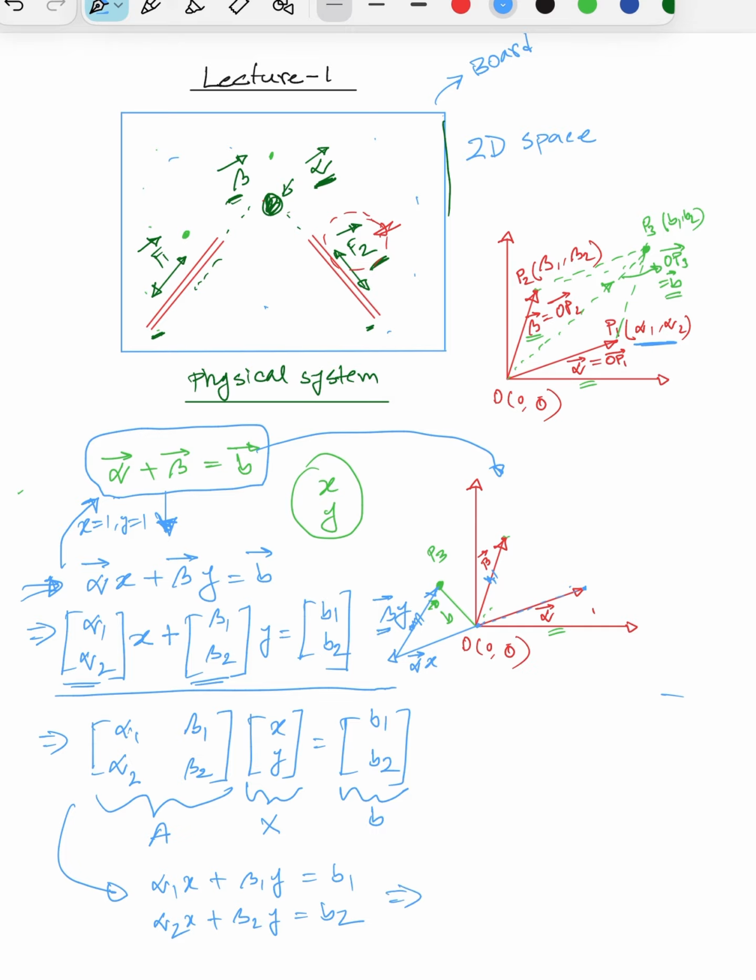So the coefficient of x goes together, alpha 1, alpha 2, plus the coefficient of y goes together, beta 1, beta 2, y equal b1, b2.